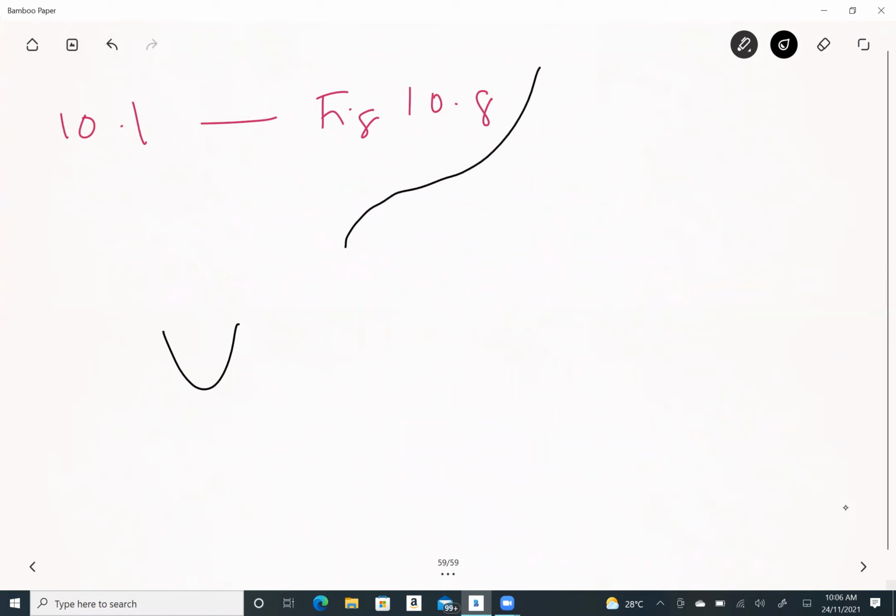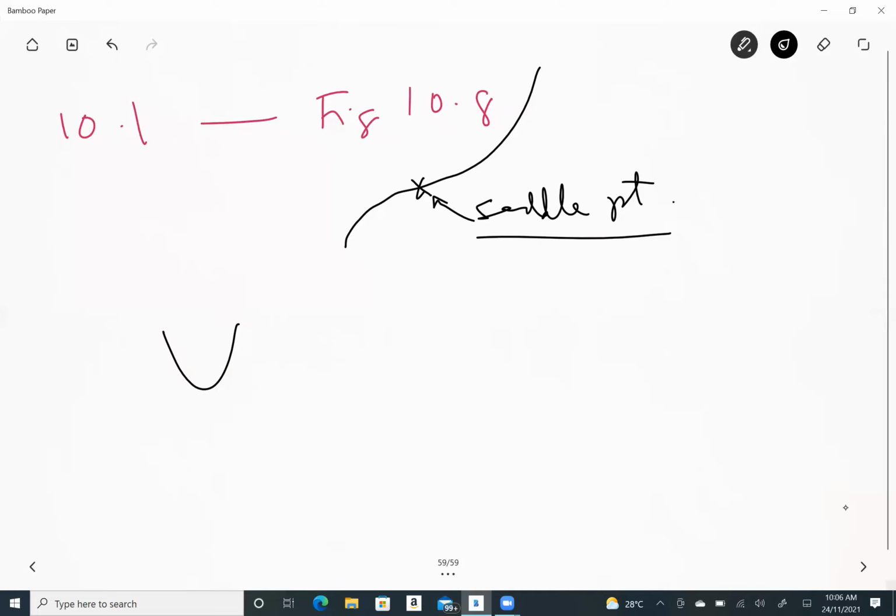So at that point, the critical point is what? Is a saddle point. So you got a saddle point. Now, what is a saddle point? A saddle point, the curve does not change direction.